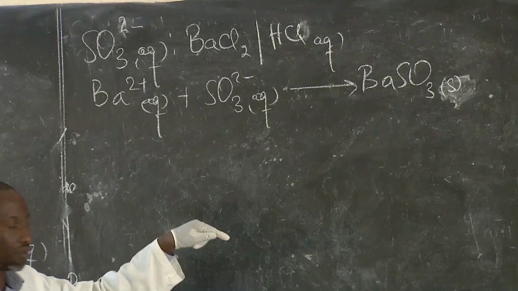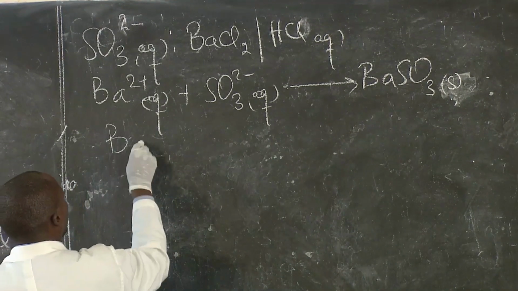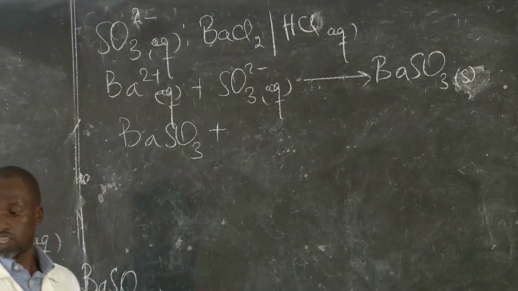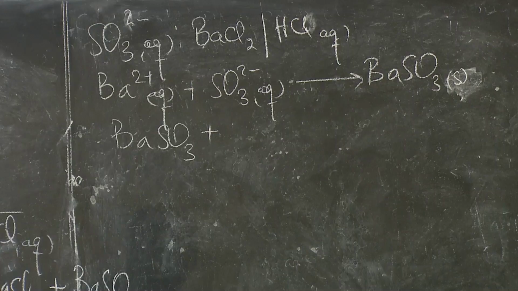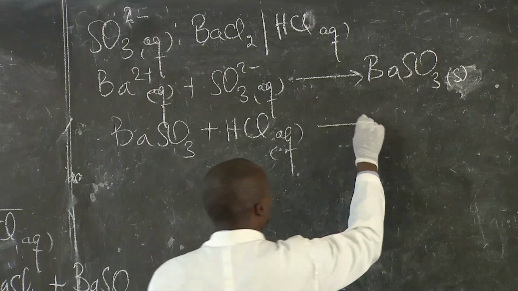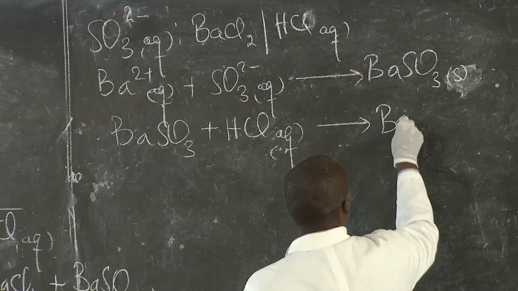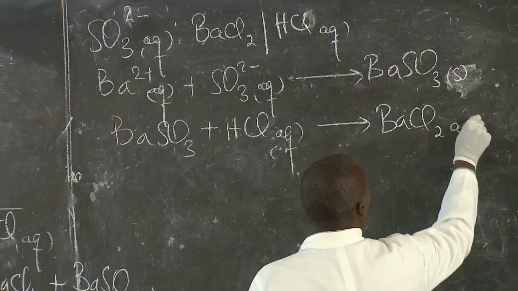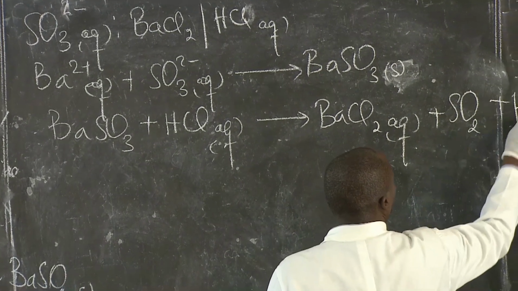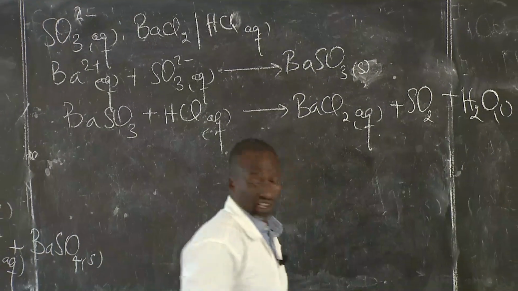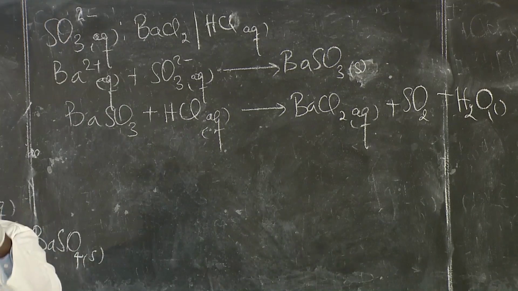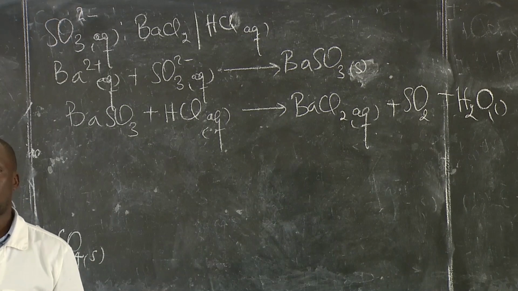Now this barium sulfite reacts with hydrochloric acid to form barium chloride, and then sulfur dioxide and water. We are not interested in the gas, but the gas was coming up. We are interested in seeing the changes that are happening.